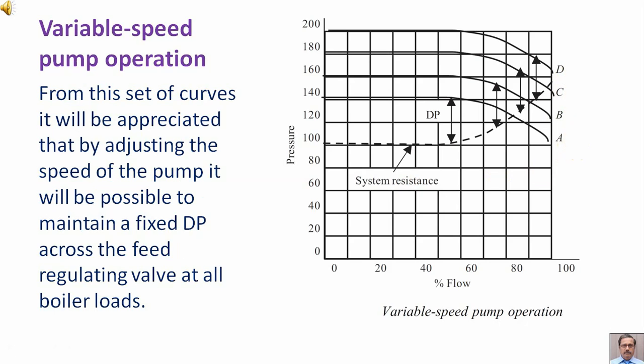From this set of curves, it will be appreciated that by adjusting the speed of the pump, it will be possible to maintain a fixed dP across the feed regulating valves at all boiler loads.